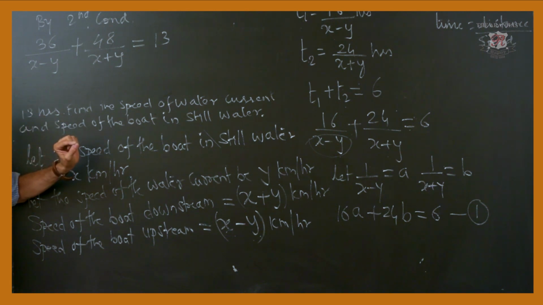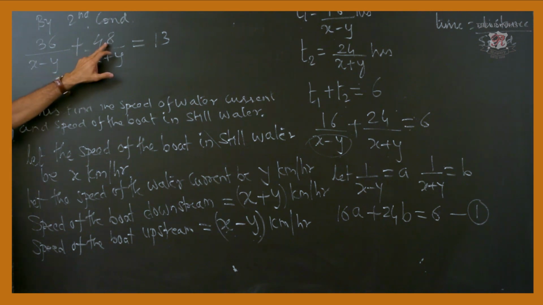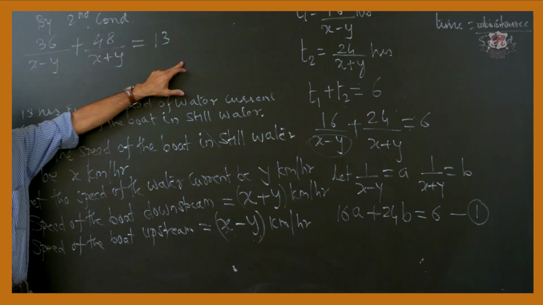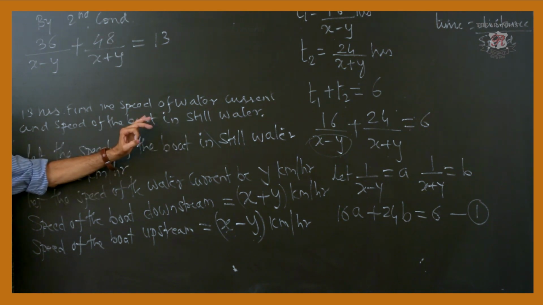Is this clear? I will repeat again. By the second condition, time taken to travel upstream is 36 upon x minus y. Time taken to travel downstream is 48 upon x plus y. Total time given to me is 13 hours. All of that is given in the problem. Read it carefully. Everything is given.